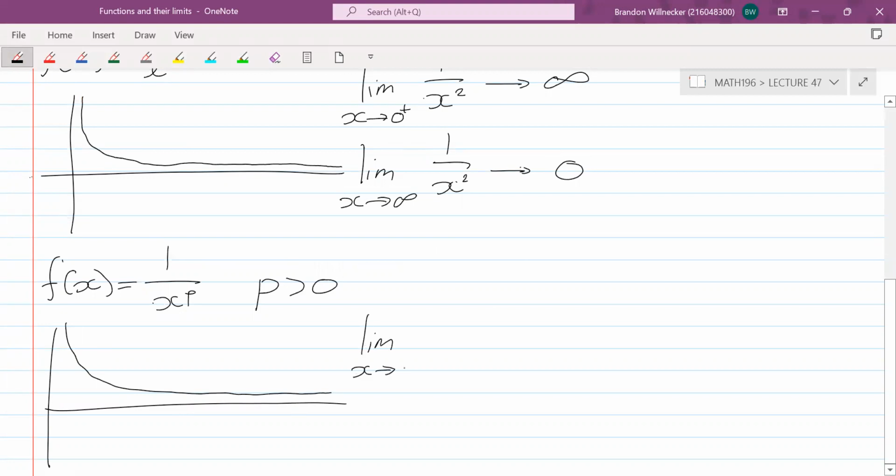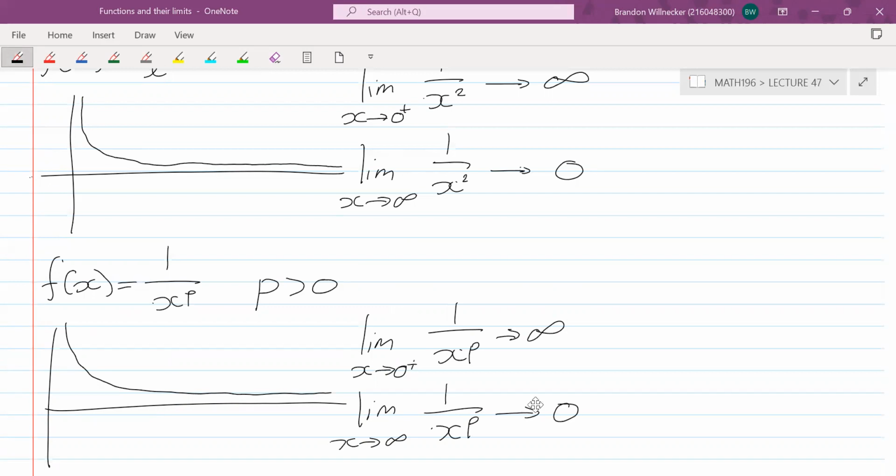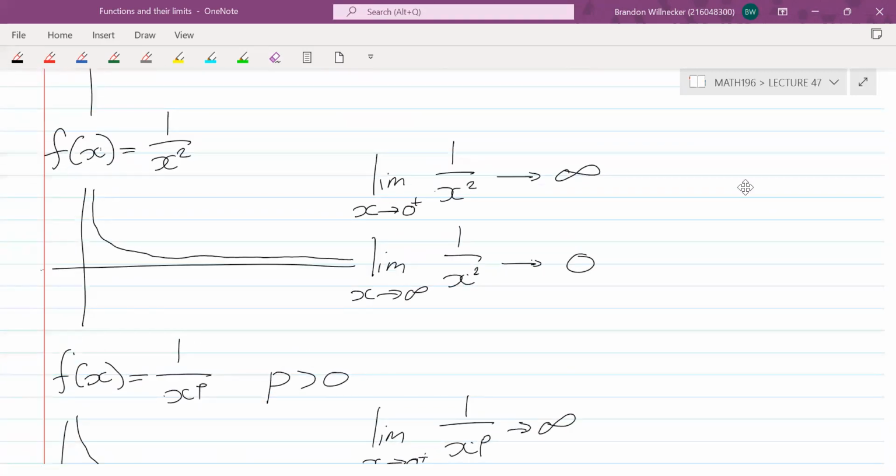Let's do 0 plus first: the limit of 1 over x to the p as x approaches 0 plus is going to go to infinity. And the limit as x approaches infinity of 1 over x to the p is going to go to 0, because the function is going down to 0. Okay, so that's your standard power laws, taking the limits.